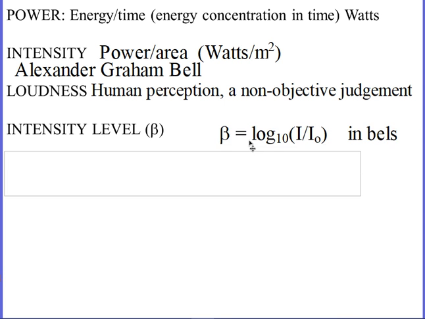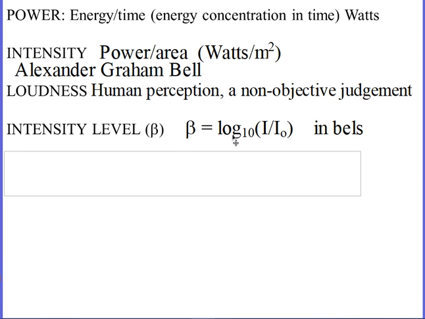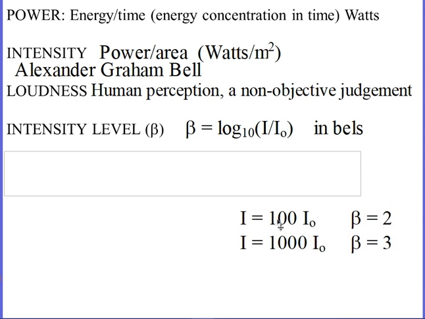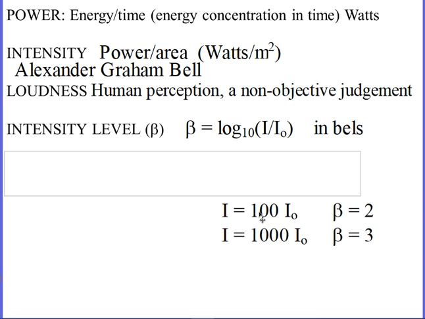And it turns out that it is a logarithmic, it is an exponential relationship, that if the intensity becomes 10 times the threshold of hearing, then we say that there is 1 bell of intensity. If it's 100 times, then we say that there are 2 bells.